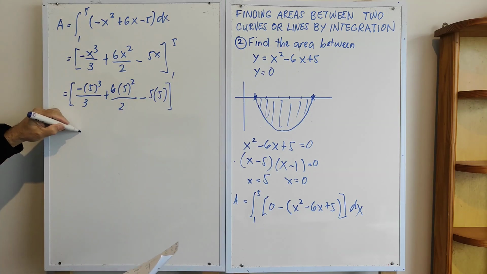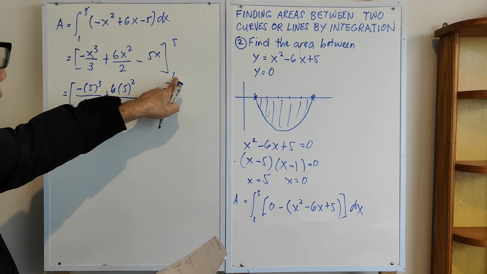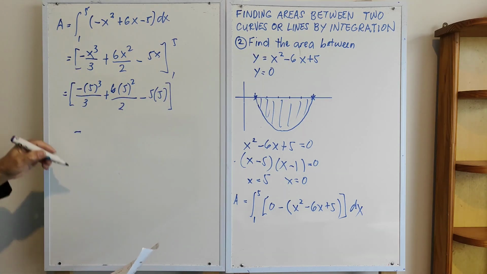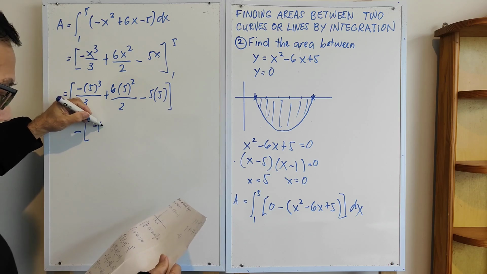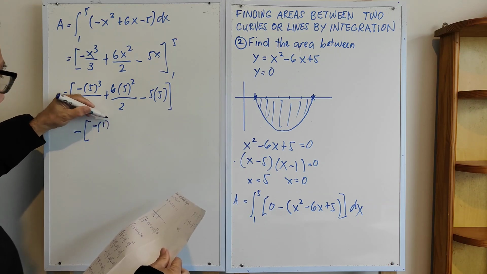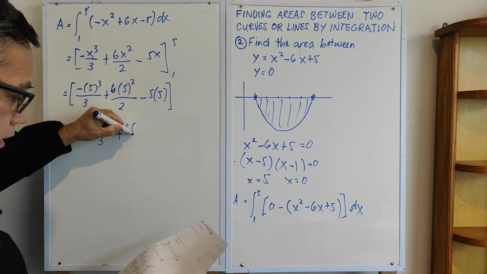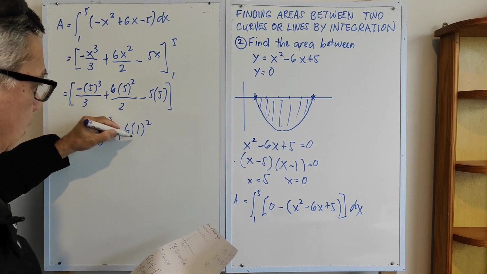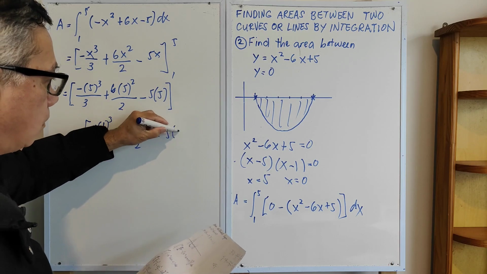And then we subtract from it the result of substituting 1 to all of the x's: negative 1 cubed over 3 plus 6 times 1 squared over 2 minus 5 times 1.